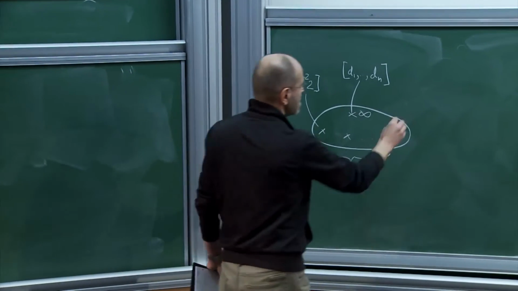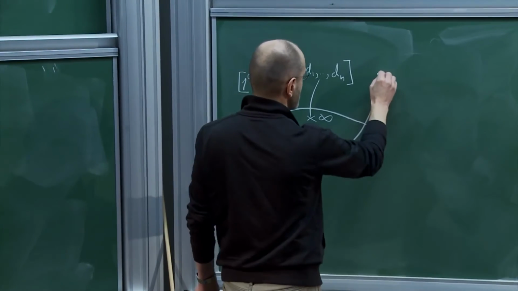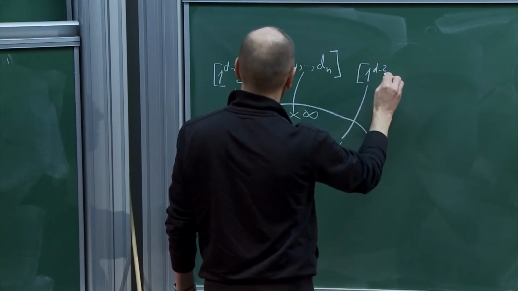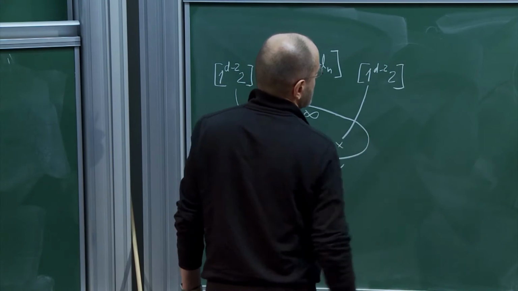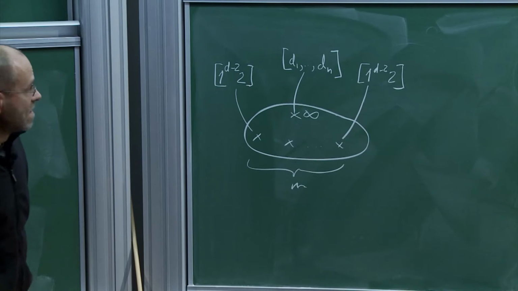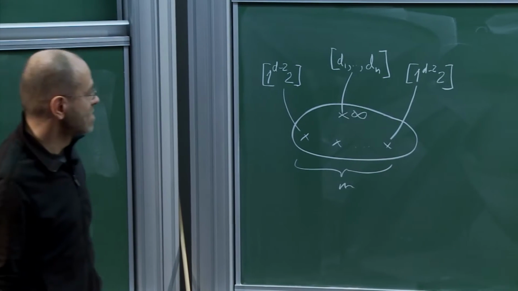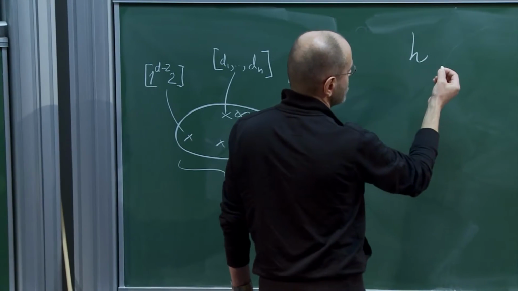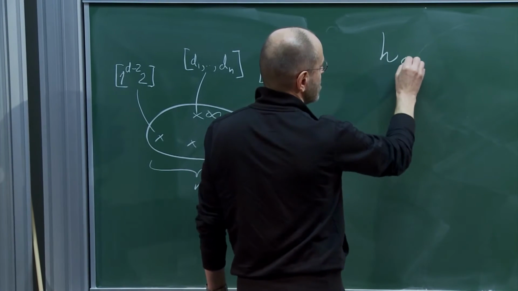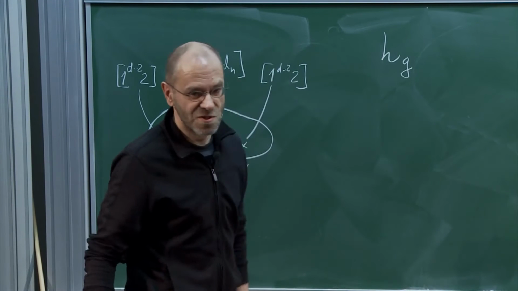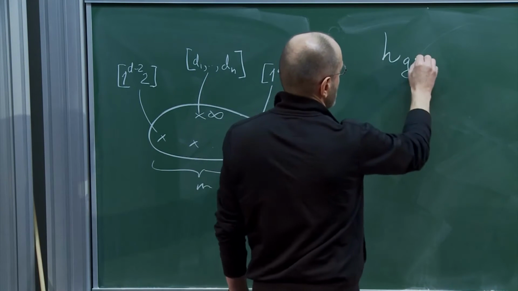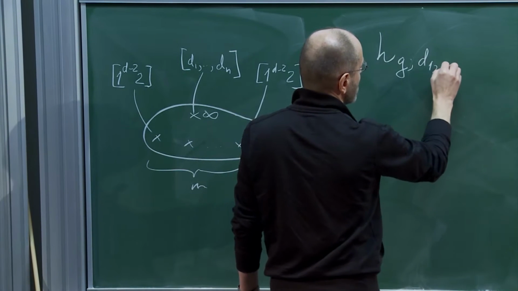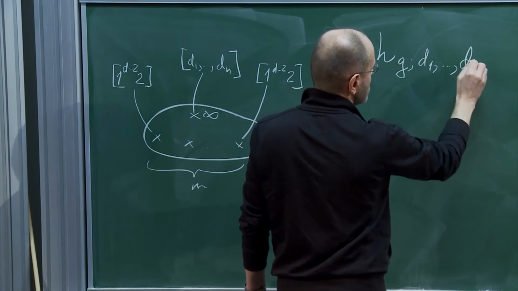So in this setting, this problem is much simpler. And the numbers that count such coverings are called Hurwitz numbers. They're usually denoted by Hg, where g stands for the genus of the covering. And it depends also on the profile at infinity, d1 to dn.